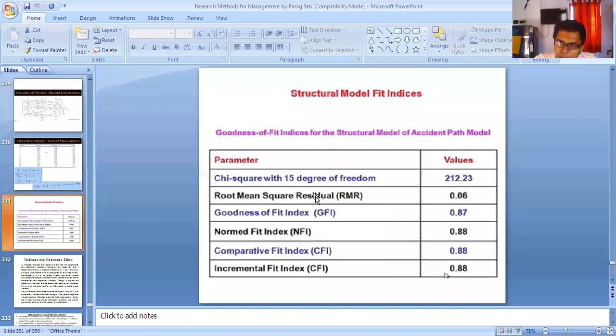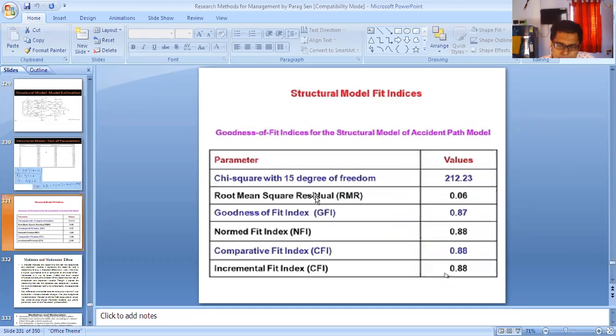So we estimate different parameters, then we analyze the fitness of the model, whether it is fit or not. After that we verify the model.